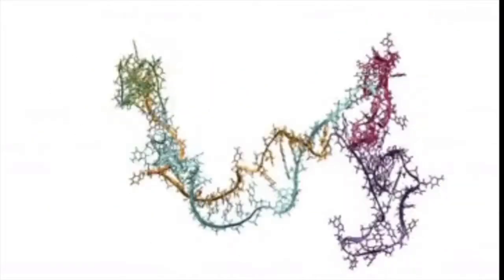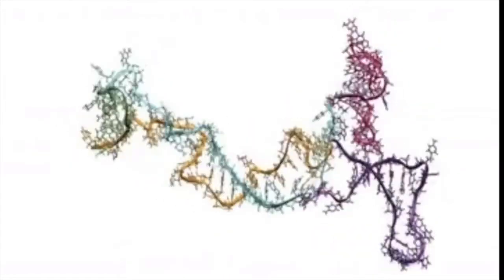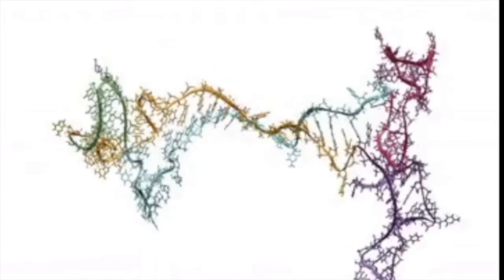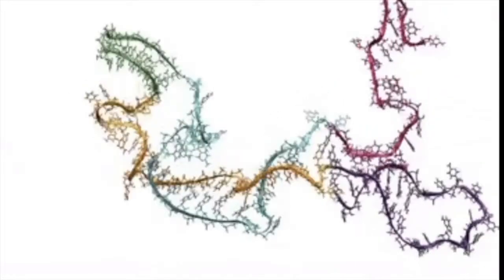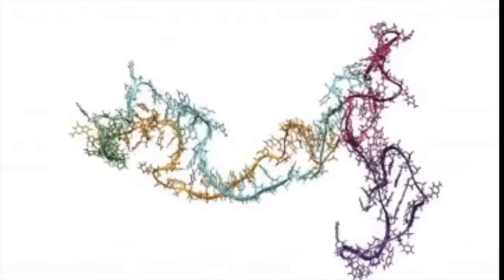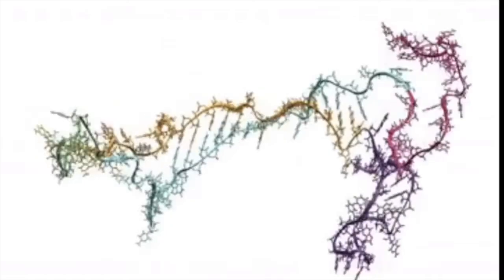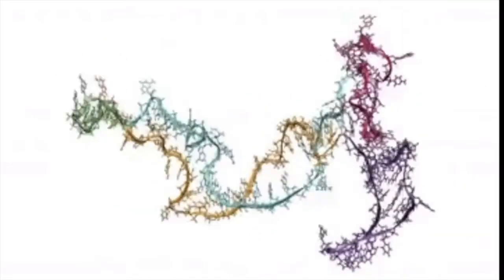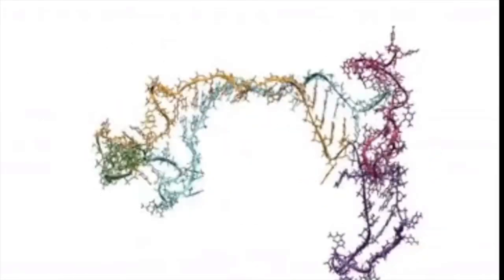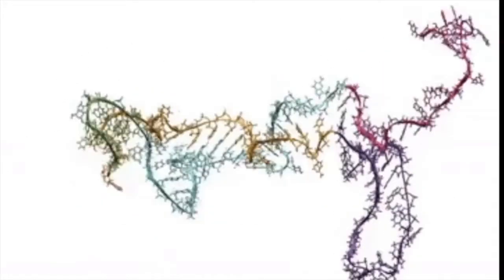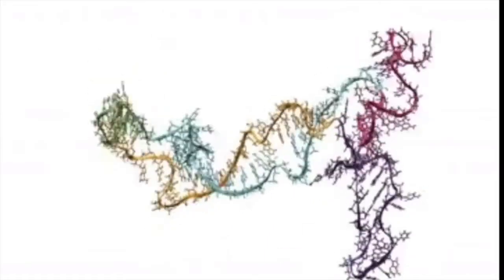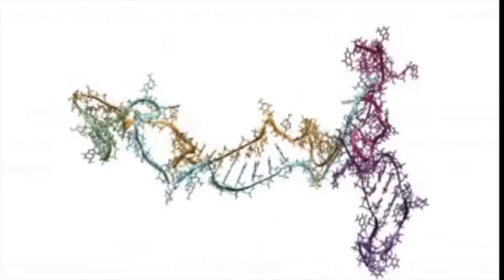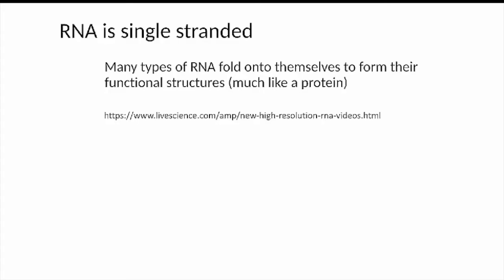The headline refers to it as tying itself in knots. What researchers are trying to understand is, when RNA folds itself, is it able to unfold and fold itself on its own, or does it need helpers to do that? Does it need helper proteins? That's the subject of that research paper. This is a video of how RNA can fold itself. So RNA is single-stranded, but many types of RNA do need to fold themselves.